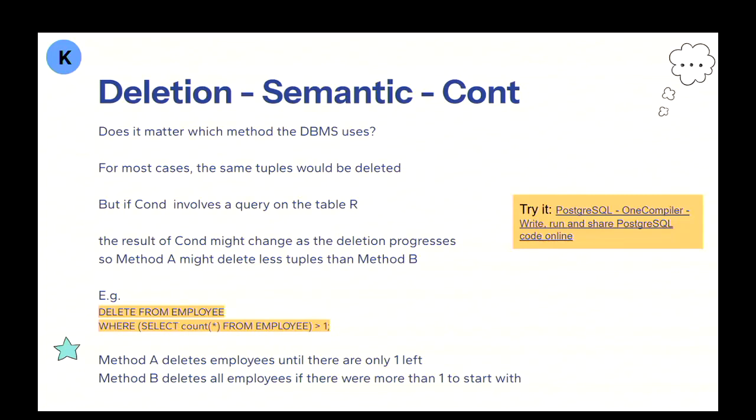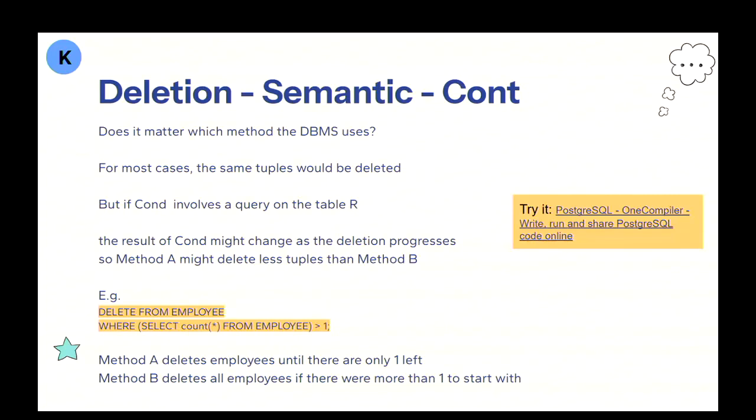In this example, we are deleting from the employee table, where the condition is a subquery, and this subquery checks if the number of employees is larger than 1. So if there's more than 1 employee in the table, this makes the difference here.